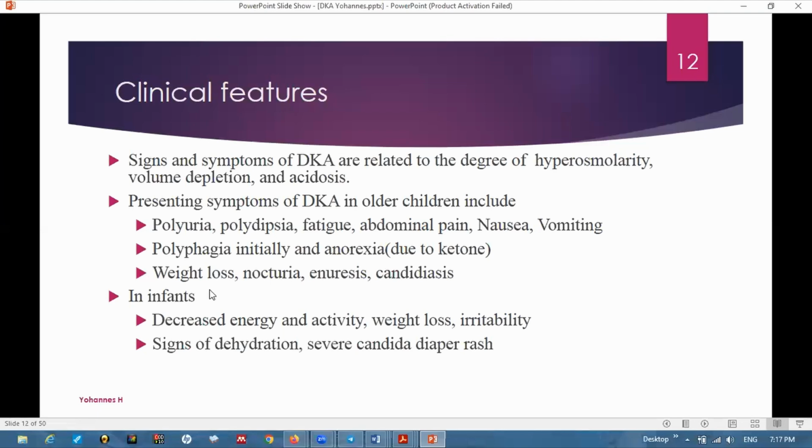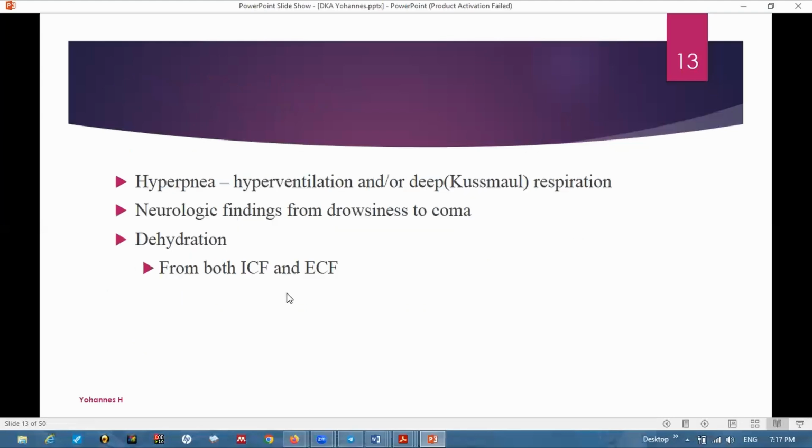In infants, it's difficult to detect those signs. Most of the time, they will have decreased energy, activity, weight loss, irritability, and they may also have signs of dehydration and candida diaper infection. They will also have hyperpnea or hyperventilation as compensation for metabolic acidosis, and they may also have neurologic findings ranging from drowsiness to coma.